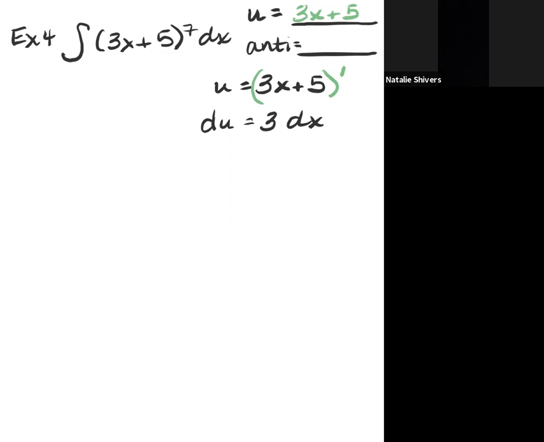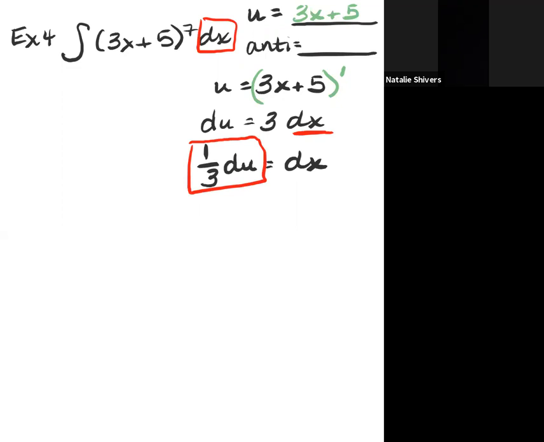Then we're going to solve for dx so that we can plug it in, so we get 1/3 du equals dx. This is what we're going to substitute in here in a second.